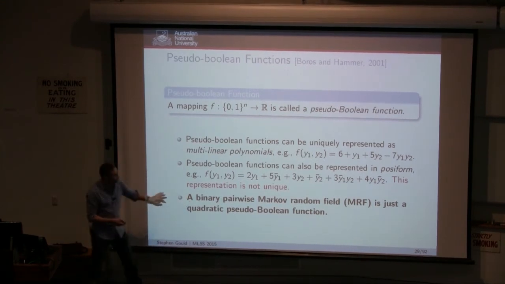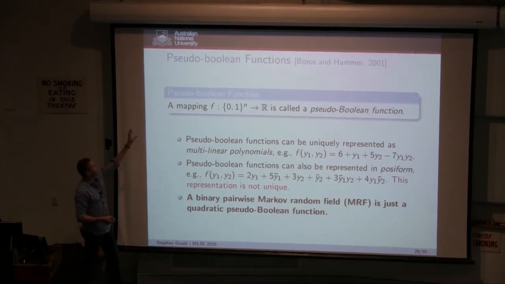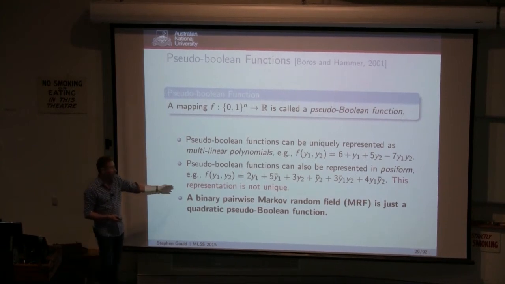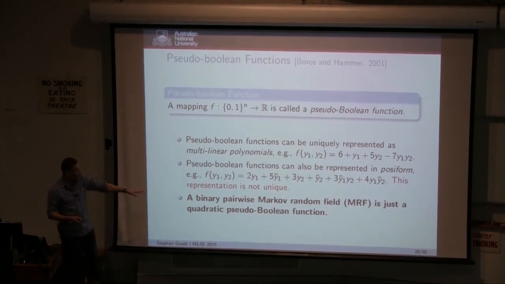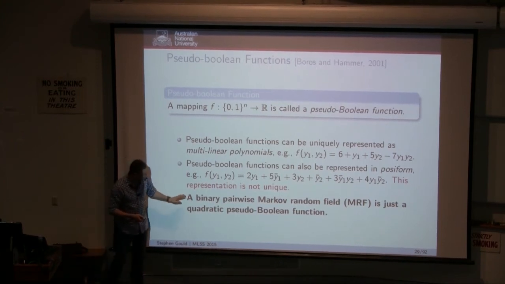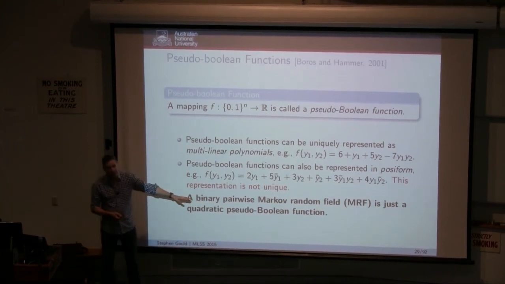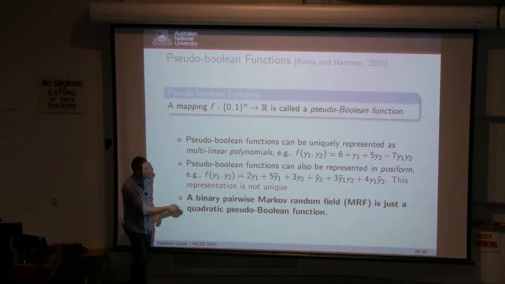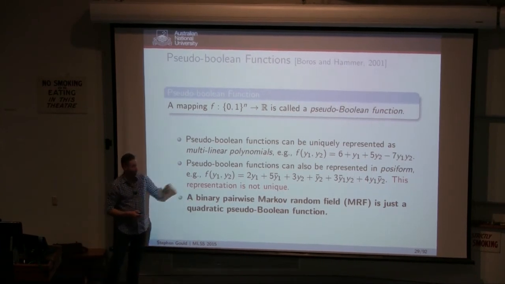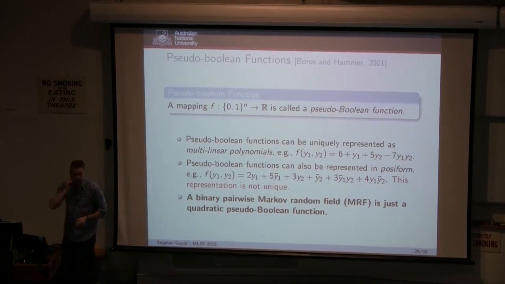Now, an important thing to observe is that a pseudo-Boolean function is really just a binary Markov random field, and a quadratic pseudo-Boolean function, a pseudo-Boolean function where you only have at most pairwise terms between the y's, is a binary pairwise Markov random field.